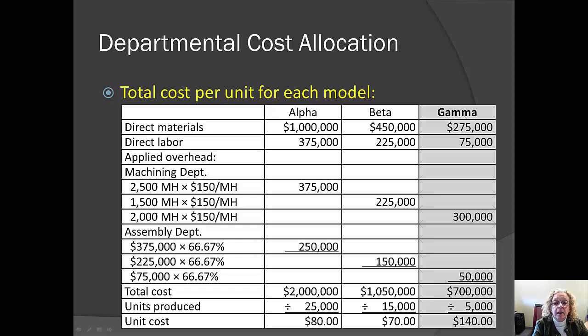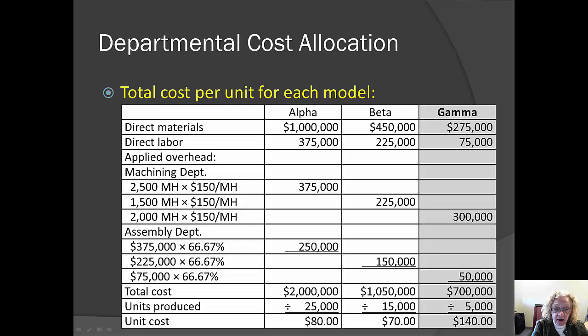Here's the problem. Nobody knows which method is correct. It is unknowable. If we knew for sure how much overhead belonged to each type of motor, we wouldn't bother with allocation. But we don't know that. Instead, we're trying to construct a mathematical model that will help us to understand how much overhead belongs to each product.